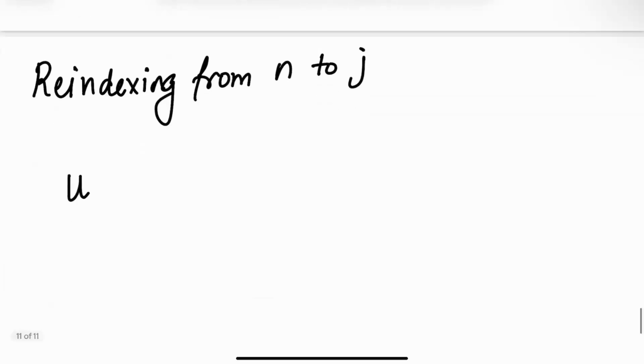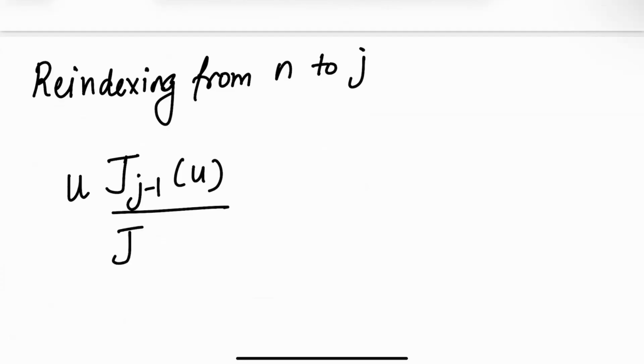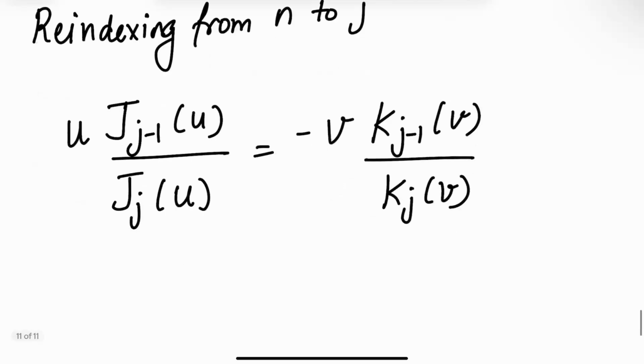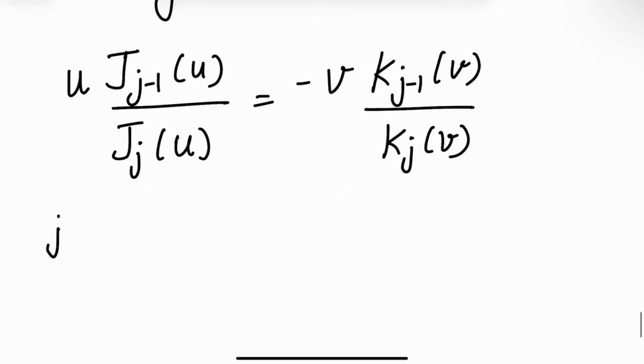Not exactly, actually. Let me write it down and then I'll show you what I did. So re-indexing, I can write this as u J_(j minus 1)(u) over J_j(u) is equal to minus v K_(j minus 1)(v) over K_j(v), where j equal to 1 is nothing but our TE and TM modes.